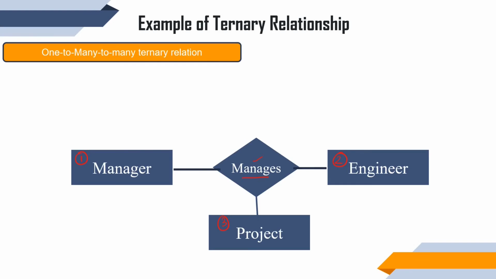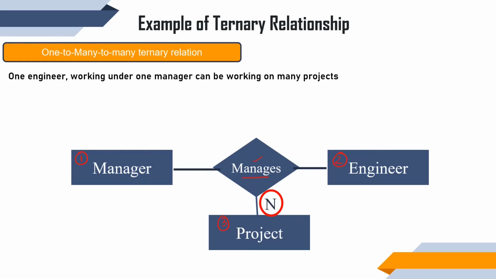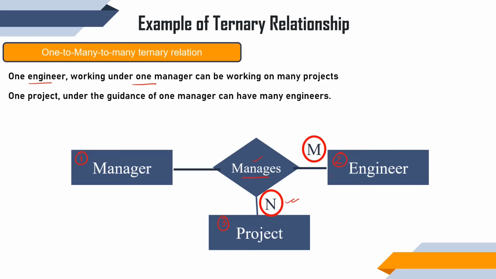One engineer working under one manager can be working on many projects, right? So this N comes from it. Understood? Okay. Now, one project, again you take one instance, under the guidance of a manager can have many engineers. So this M comes, right?